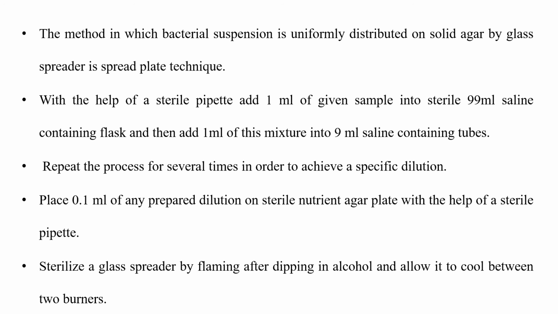Then sterilize your glass spreader by flaming it. First you have to dip it into alcohol and then just hold it over the burner. So it will carry out the proper sterilization of the glass spreader. Allow it to cool between two burners.